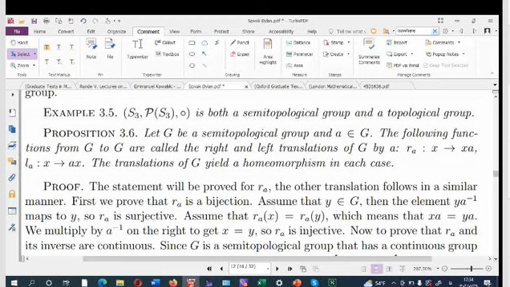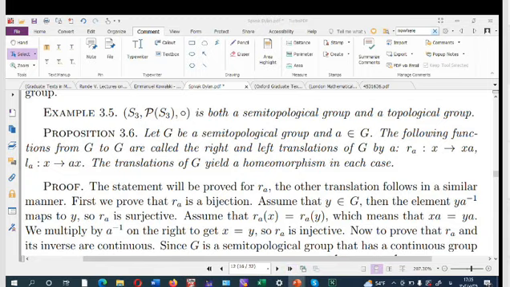We express this proposition: let G be a semi-topological group and A belong to G. The following functions from G to G, called the right and left translations by this notation, are homeomorphisms.